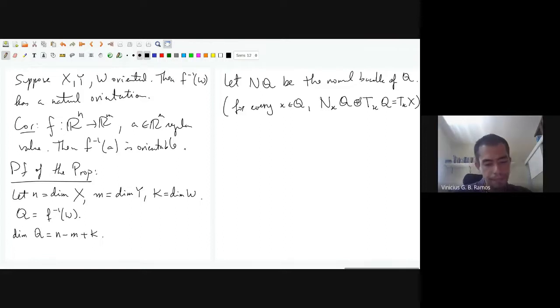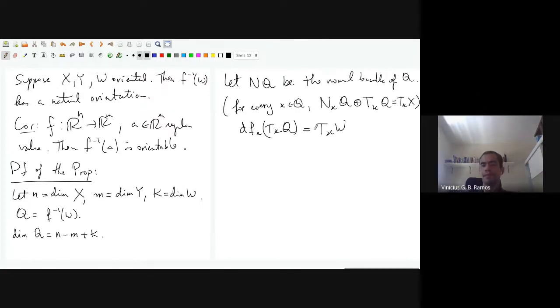All right, now we know that because Q is the preimage of W by f, when you take the derivative of NQ inside T_xX, this has to be contained in the tangent space to W. In fact, it has to be equal.